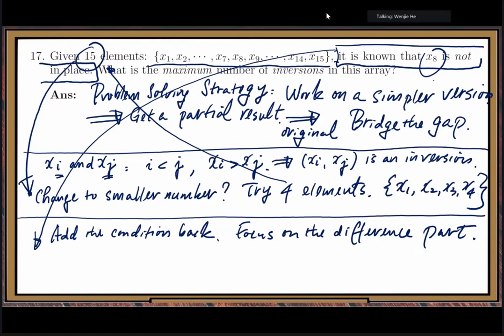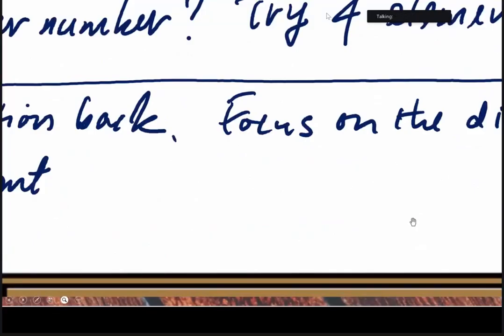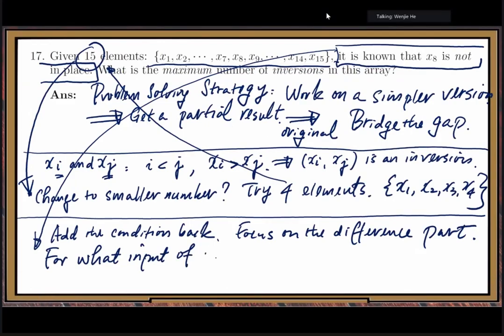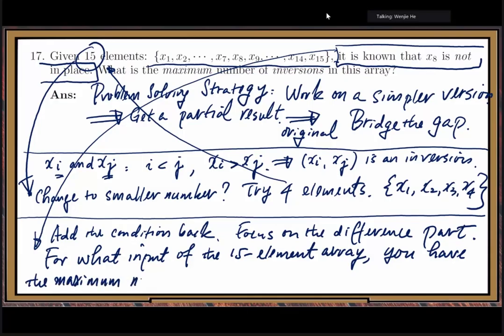So you need to know for what input of the 15 element array you have the maximum number of inversions.